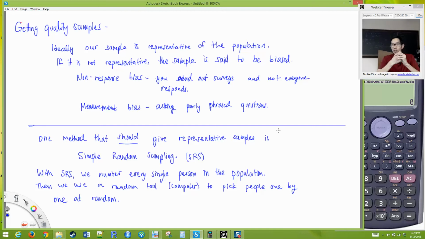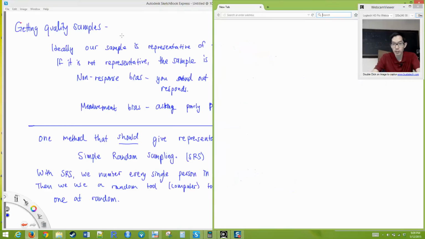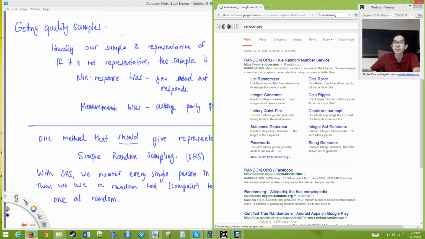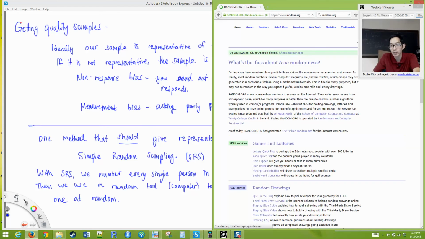If you want, there are tools online. There is a website, called random.org. And you can look at the free services.